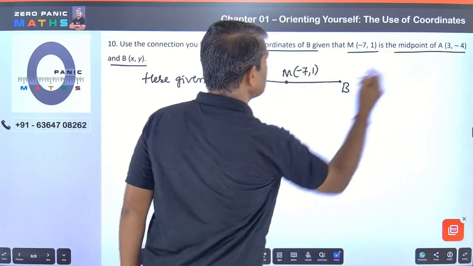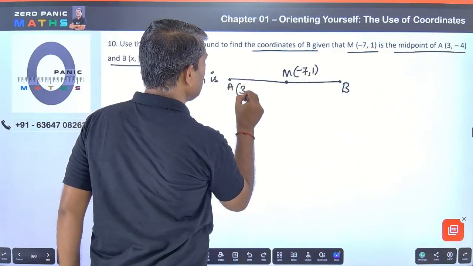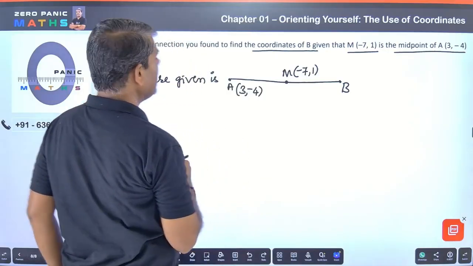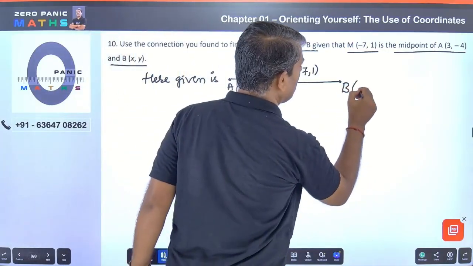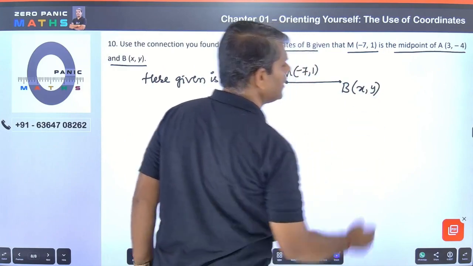And what is A? A is 3, minus 4. And B we don't know. That's why they have generically given it as x, y.